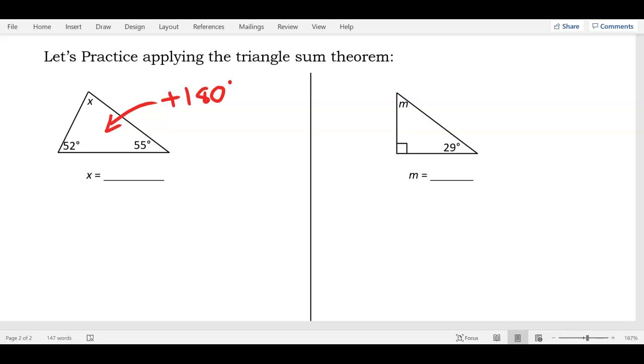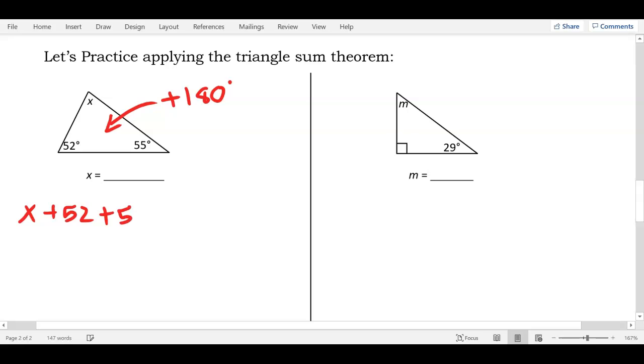So here's how I would set up an equation. I would say angle at the top plus the other two angles equals how many degrees? 180. So to make an equation, you just put angle plus the other angle plus the other angle equals 180. Okay, so you can go ahead and write that down.